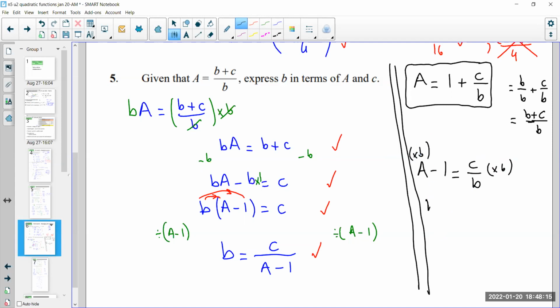Can you see now we've got your B times A minus 1, equals, B and B disappear, C. So if you had rewritten that fraction as that, you would probably have got the answer okay. And now you divide by A minus 1, and you could have got this like that.